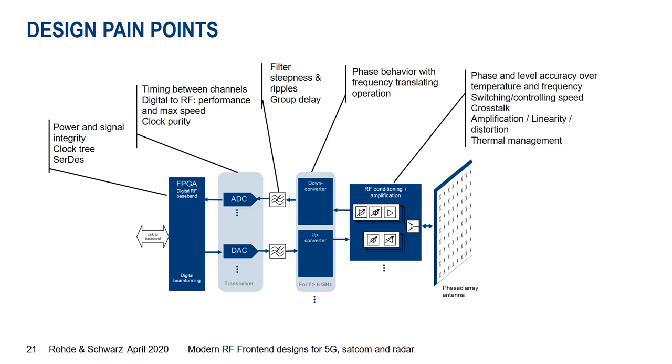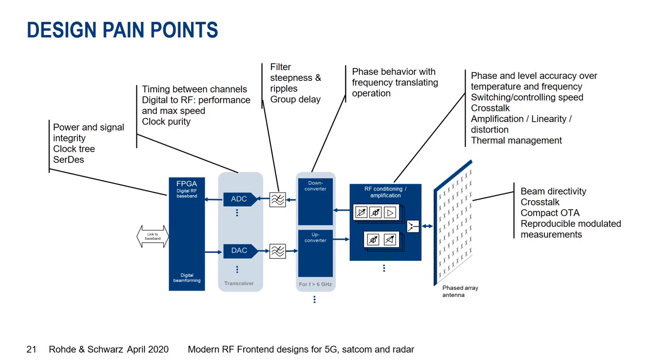Last but not least, the RF conditioning and amplification is basically a classical front end. So we are seeing all the thermal requirements and the amplification requirements, and based on using phased array antennas with beamforming, there is a lot of variance and a lot of focus on the phase and level accuracy necessary over temperature and frequency.